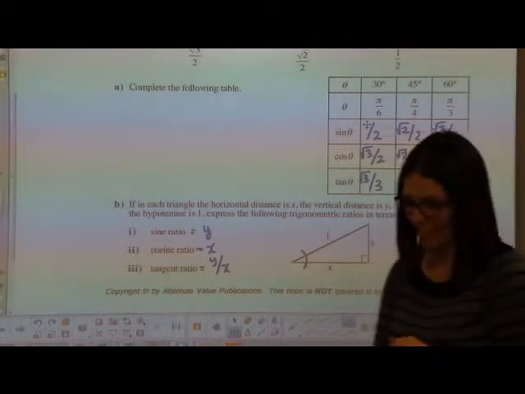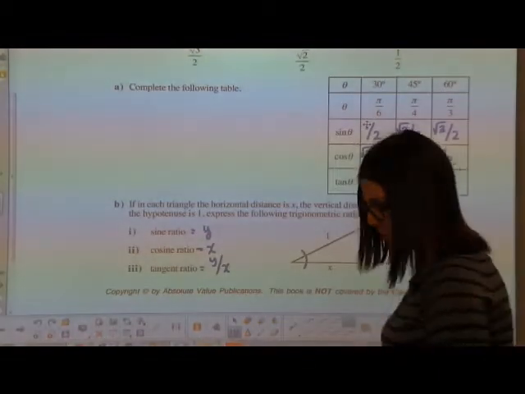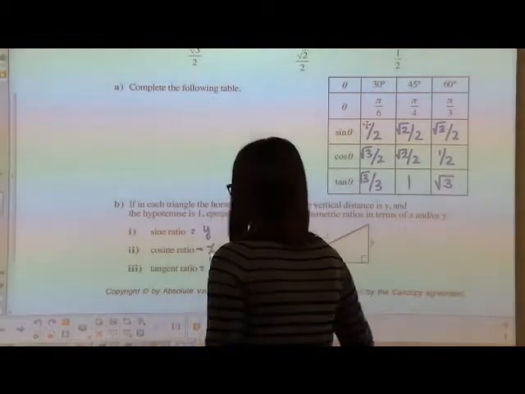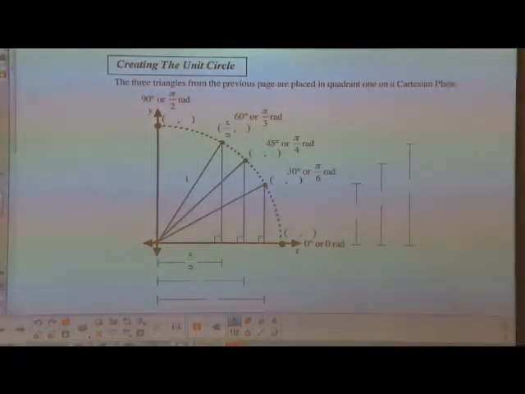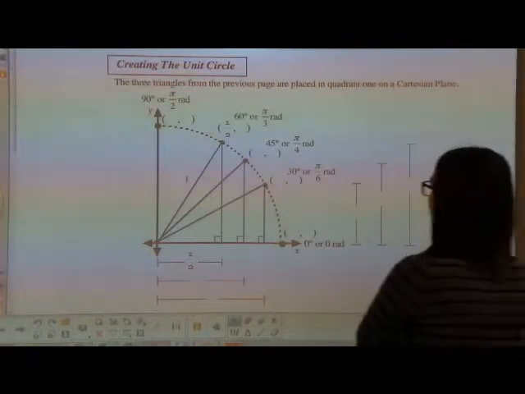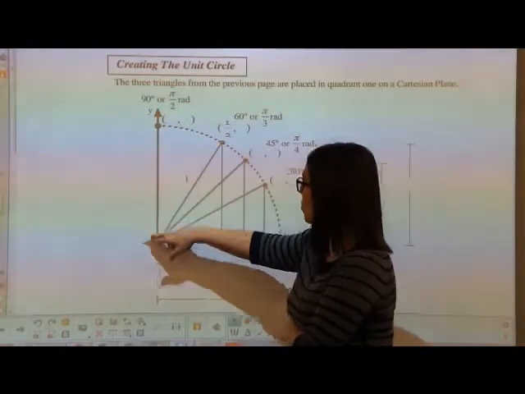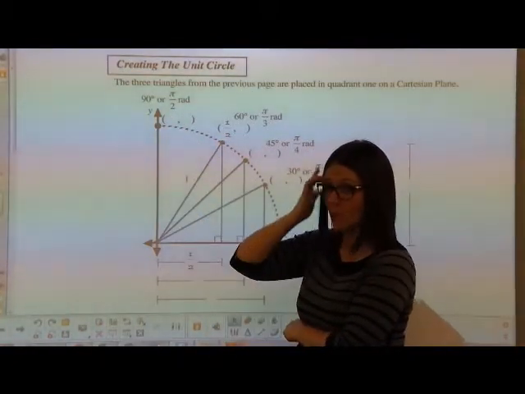Okay. Now we get into the unit circle. If we took these triangles and we put them on a Cartesian plane, we would get these points. These points correspond to whatever the x or the y would be.